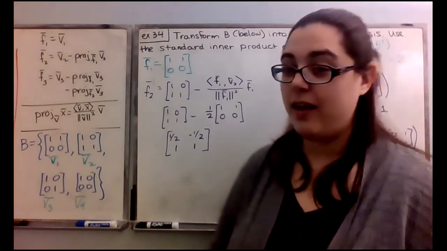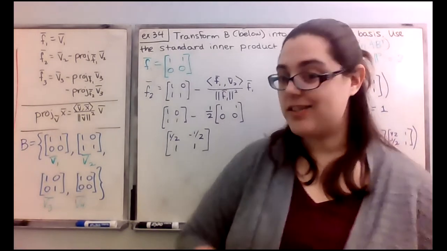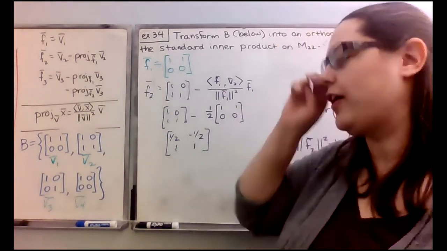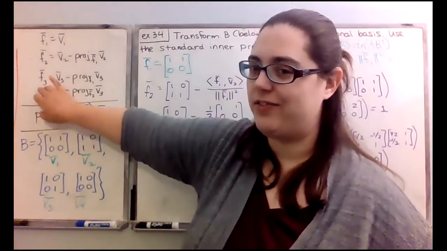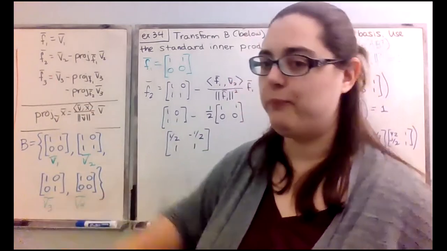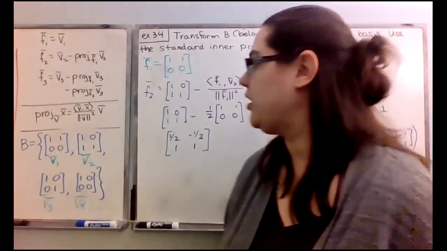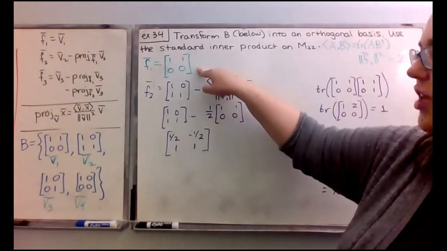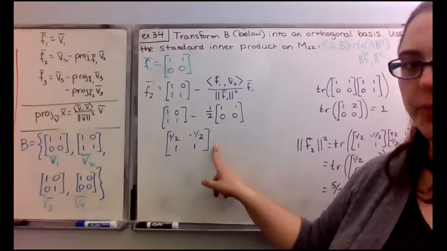Okay. So I'm going to ask you to pause here and find the next one on your own. So see if you can find F3. You're going to find F3 by doing V3 minus the projection of V3 onto F1 minus the projection of V3 onto F2.